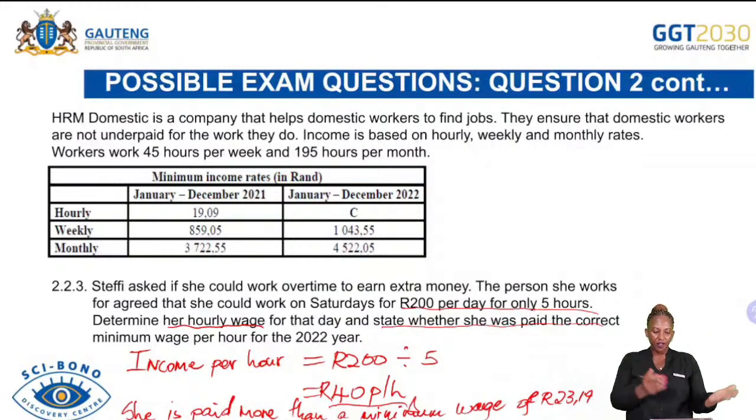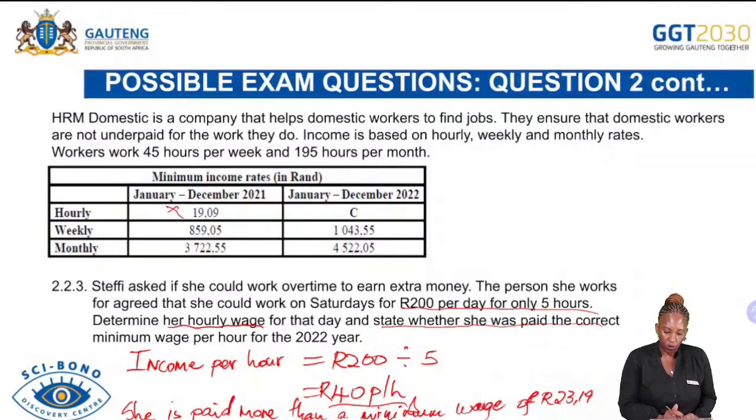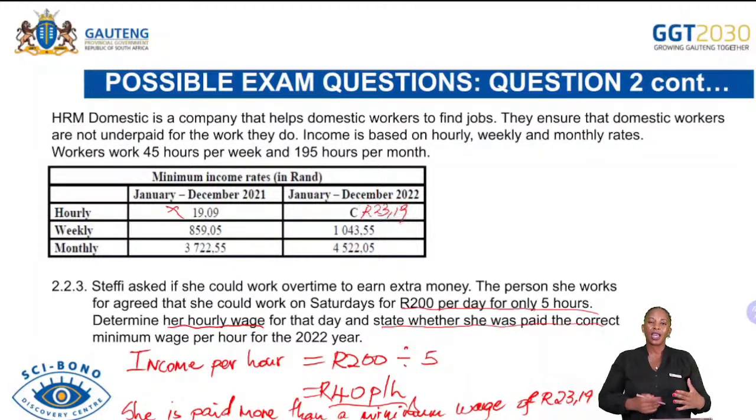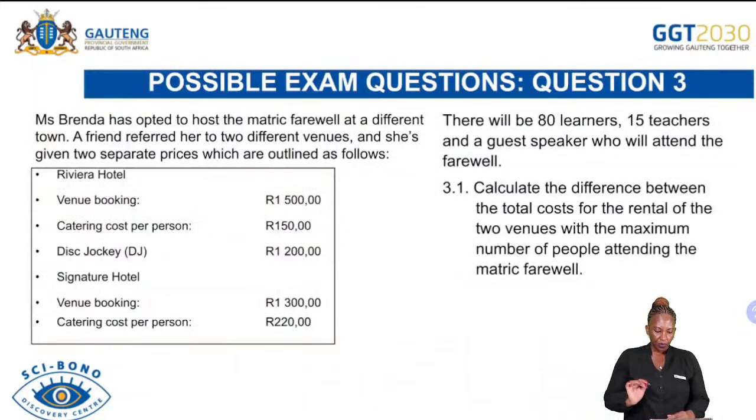So it means even if it was in 2019, she is still paid more, because in 2019 the hourly rate was 19 rand 9 cent, and then in 2021 it was 19 rand 9 cent, and then in 2022 we said it is 23 rand 19 cent. So it means she is paid more than a minimum wage. So she is well paid if she works overtime. Now let's continue, boys and girls.